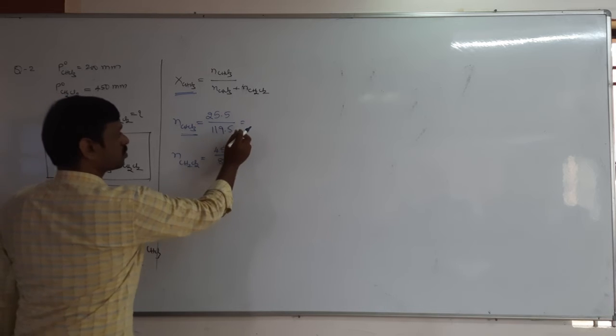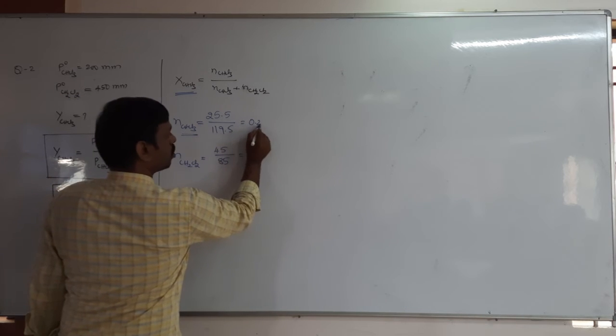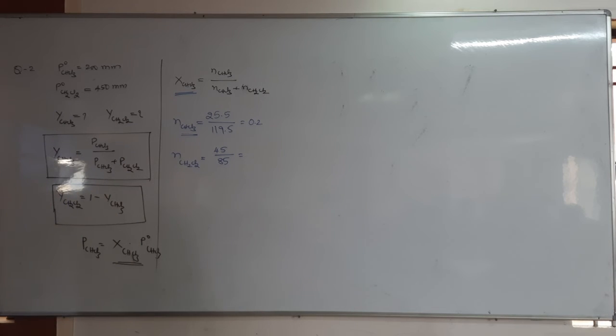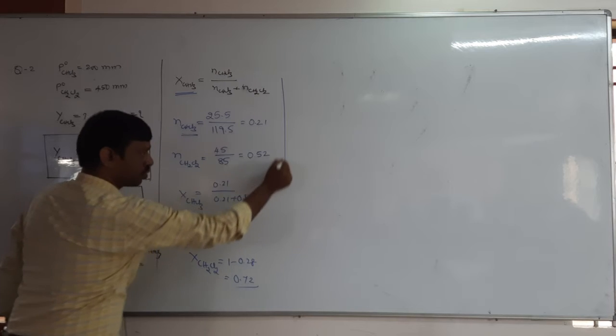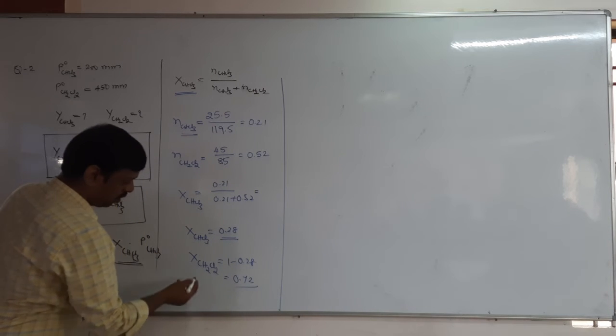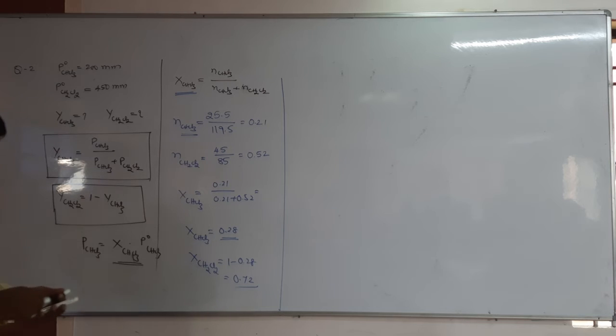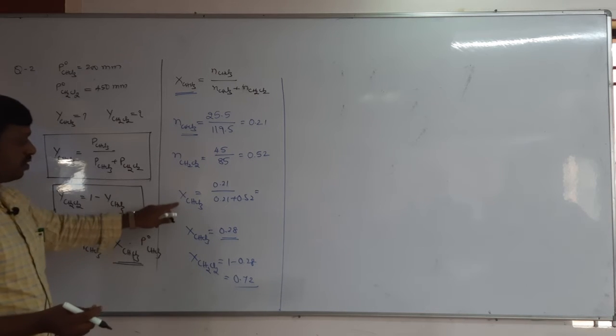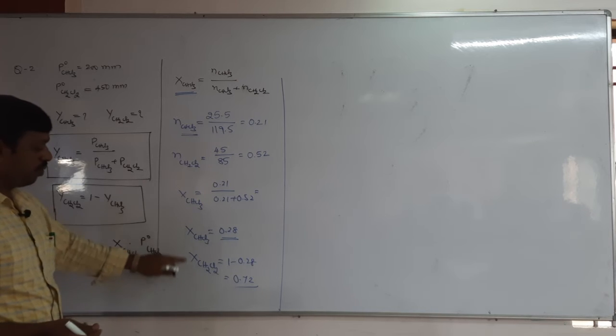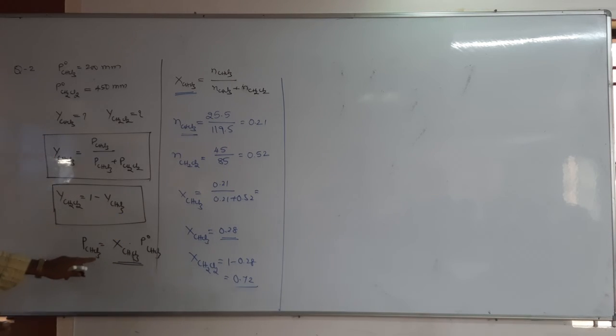So X chloroform is equal to 0.28 and X dichloromethane is equal to 0.72. Now from these two X values, we should calculate P chloroform.